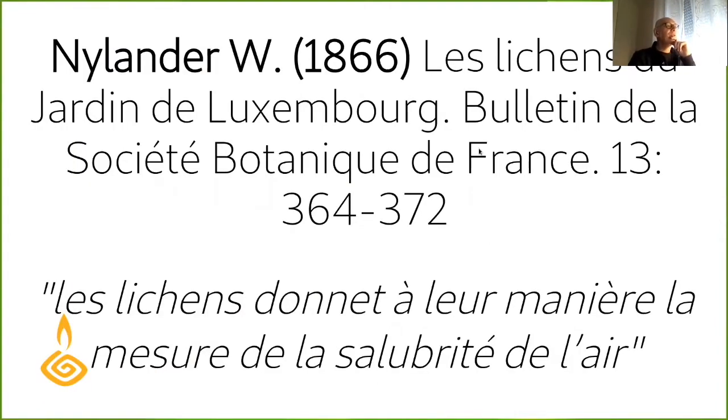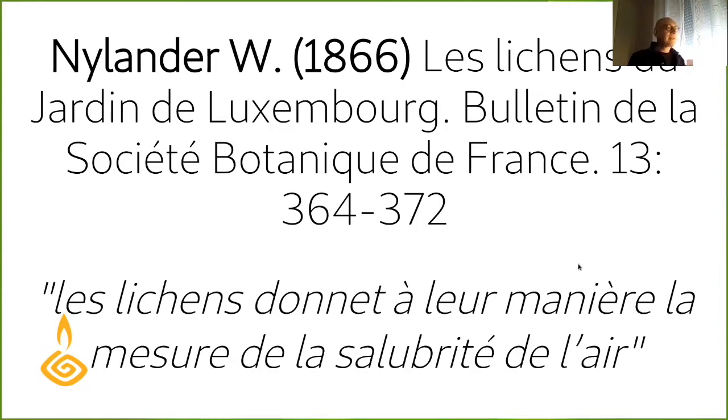And he wrote a very famous article in 1866 about the lichens of the Jardin du Luxembourg in Paris, a park in Paris. And he realized in this park, this paper is in French, this is how it's written, that lichens give, in their way, an indication of the quality of the air.